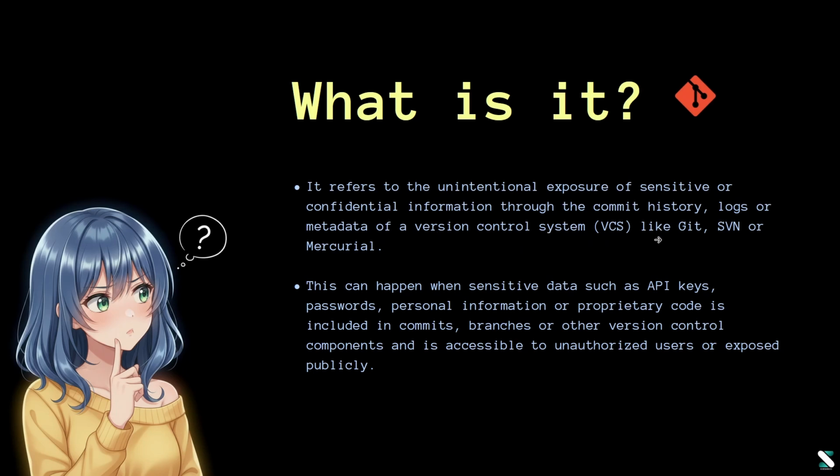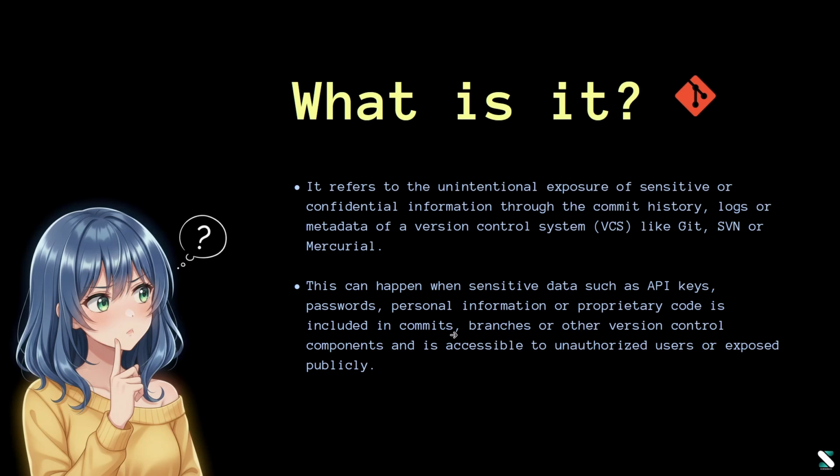There are different platforms like Git, SVN, or Mercurial. This can happen when sensitive data such as API keys, passwords, personal information, or proprietary code is included in the commit. This code can be the one that is running on your system, on the web application.